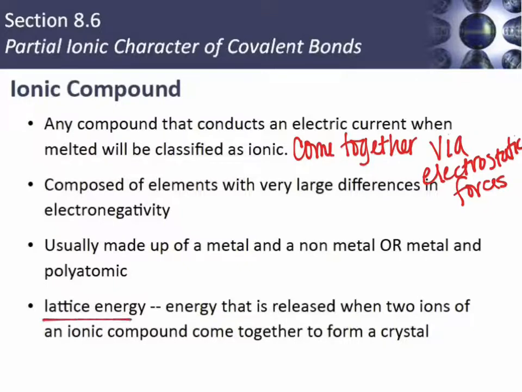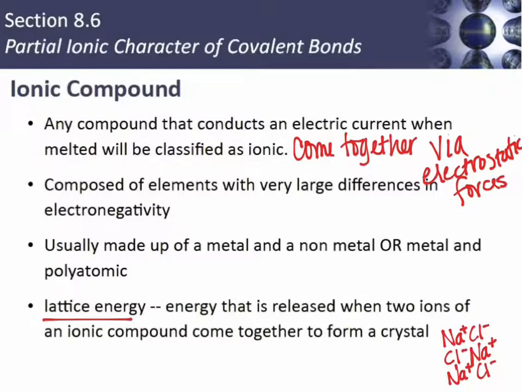And you read about that yesterday in the POGIL. This is when those two ions come together, they form a crystal, and that crystal is called a lattice. So here if I have sodium and chlorine, and this is, say, a salt crystal, this is what it looks like. It makes this nice little lattice.